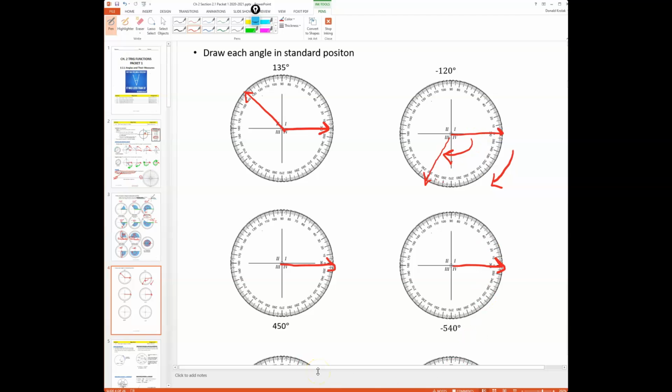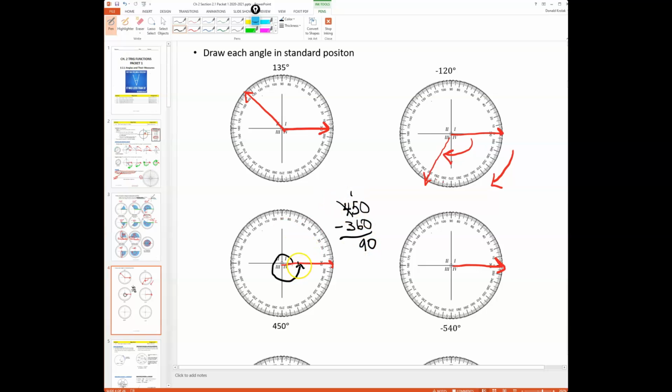Okay, 450. Now this is greater than 360 degrees, so this is more than one full rotation. If we go around one time, that would get us to 360. And then to figure out how much more we've got to go, 90 degrees.